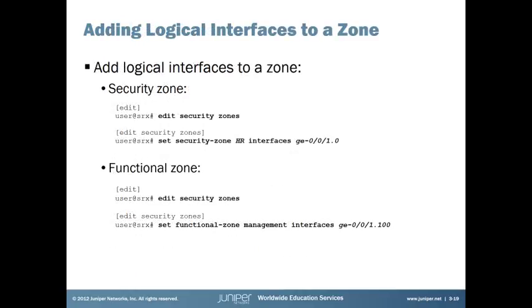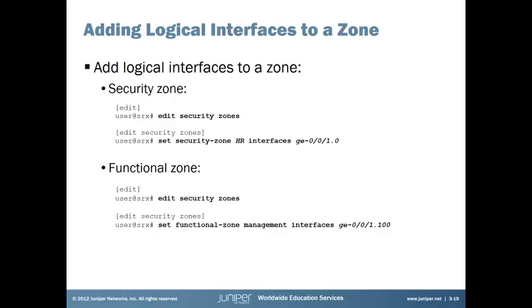And once we've got our zone set up here, we'll put our interfaces into our zone. So we may know that this particular zone, HR, we might have our HR department set up over here on GE001.0, for example. So we have configured GE001.0 to be the default gateway for our HR department.